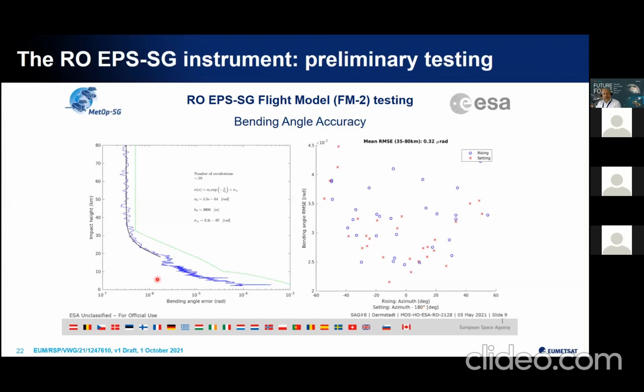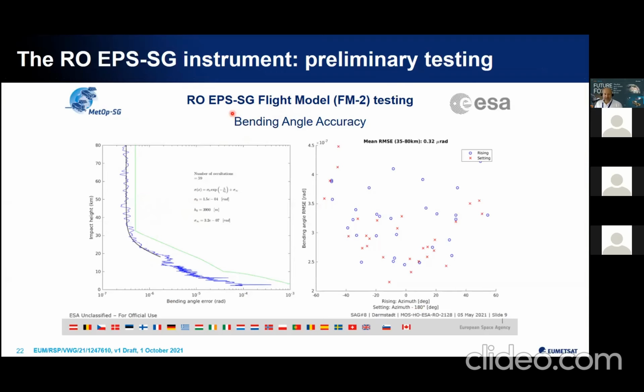I really want to show these recent results that were presented recently by the industry in charge of developing the radio occultation instrument, which is RUAG Space in Sweden. They also developed the GRASS receiver. I want to show you this because these are recent results on the end-to-end testing of the first radio occultation flight model.